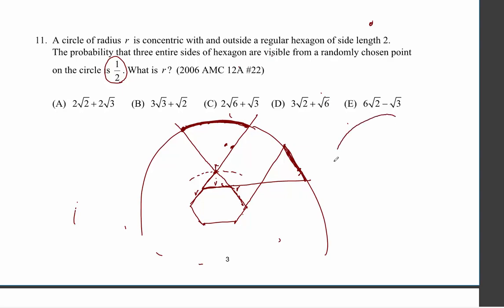Actually, we have 6 corners. 1, 2, from here to here, 3, and 4, and 5, and 6, right? Okay, drawing is bad.